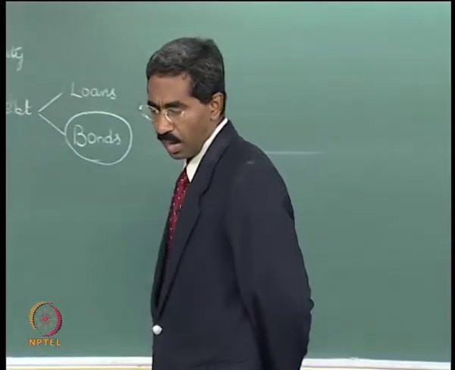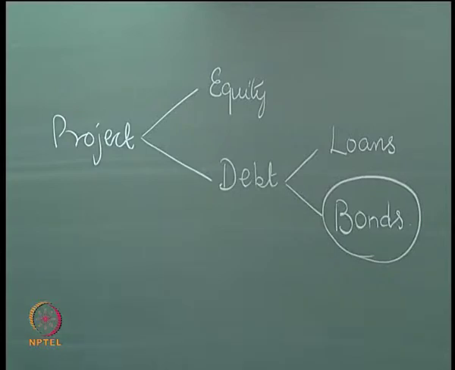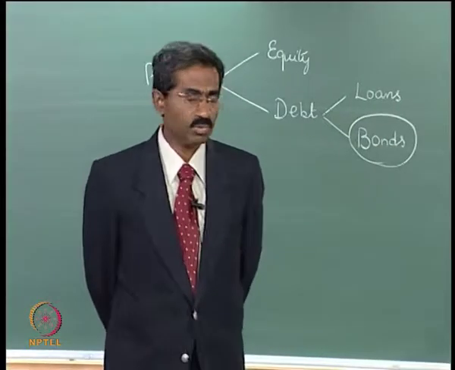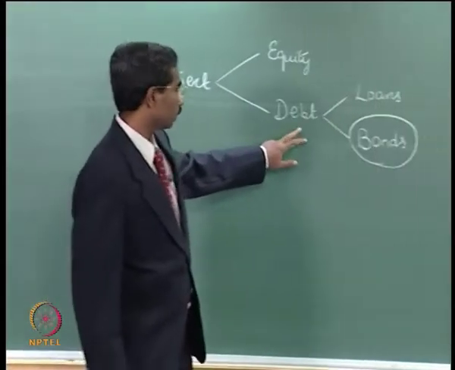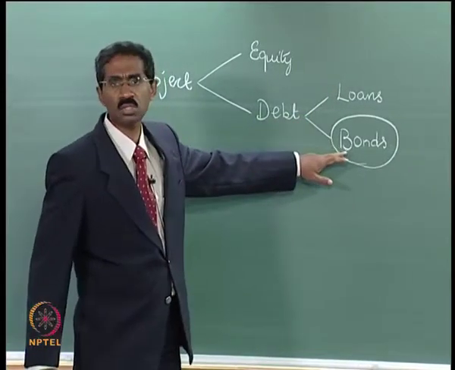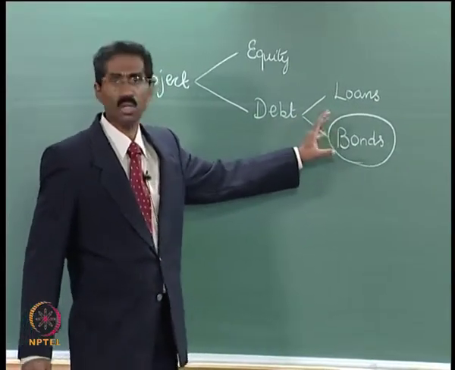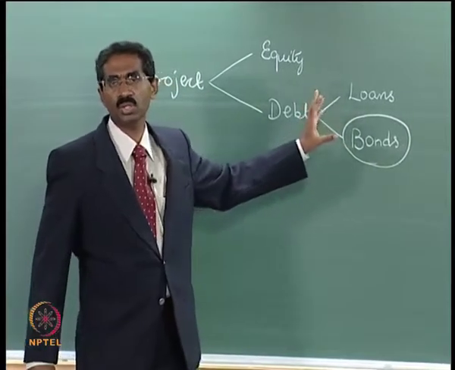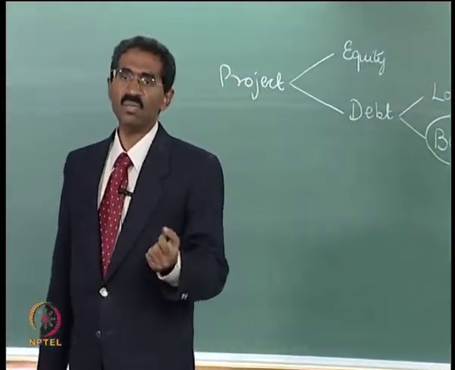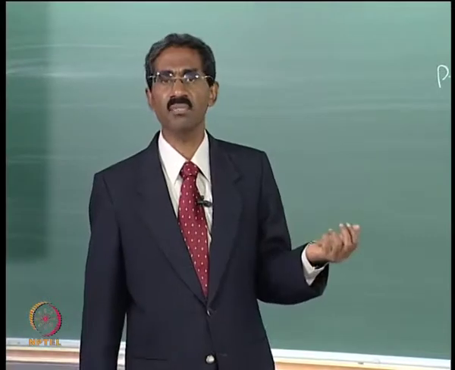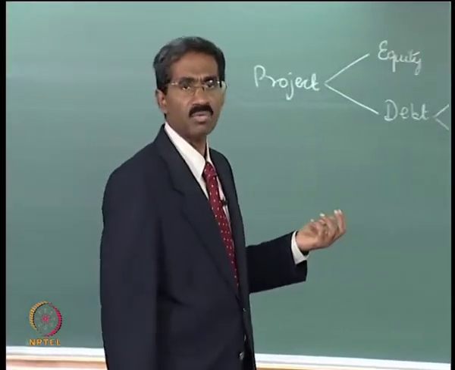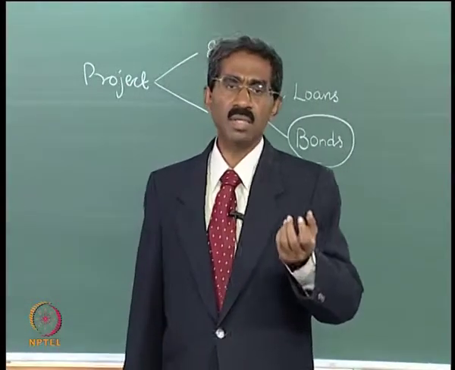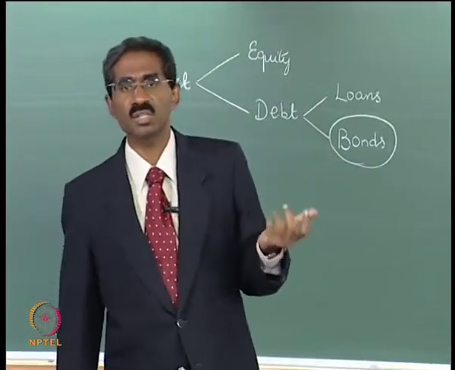And why do firms issue bonds? The firm has two alternatives, loans and bonds. So, the logic is, when you take a loan from the bank, where do the banks get their funding from? The banks get their funding from depositors, or from other financial institutions.